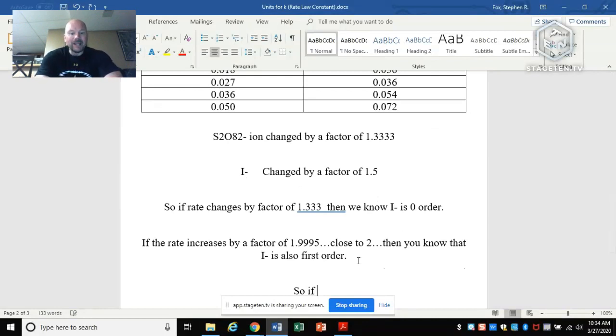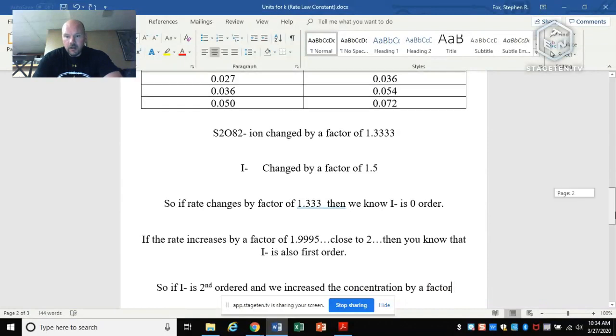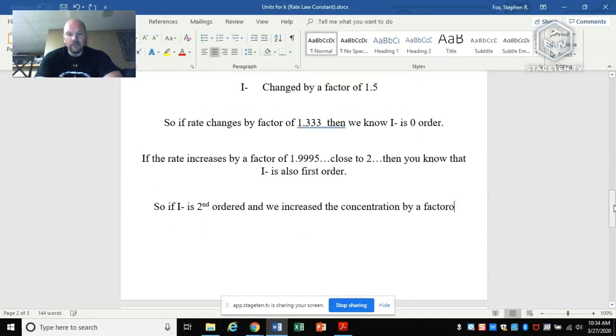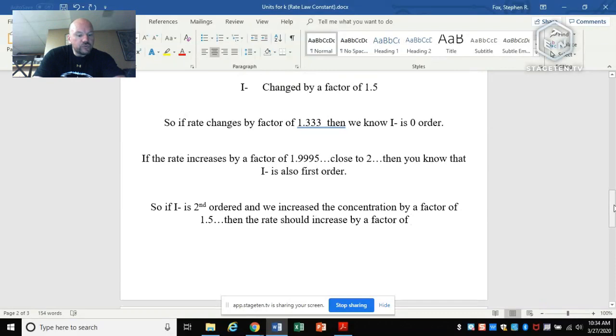If I minus is second order and we increased the concentration by a factor of 1.5, then the rate should increase by a factor of 2.25, which is 1.5 squared, right?